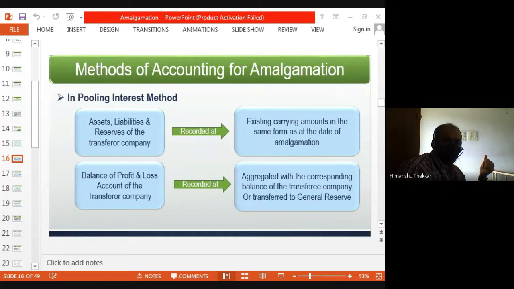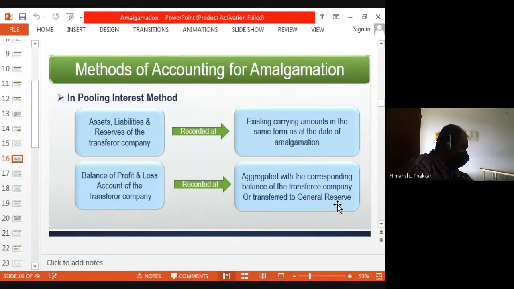Now, what about the P&L balance? We talked about reserves. The balance of P&L is also taken together. Suppose there is a P&L balance of say 40,000 of B Limited, and I already have a P&L balance of 70,000. So I have to aggregate the balance of the transferring company, or if I don't have P&L, I can transfer it to general reserve.